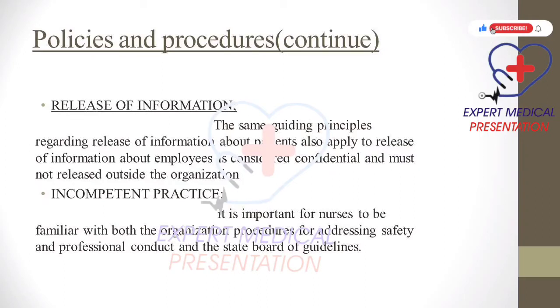The same guiding principles regarding release of information about patients also apply to release of information about employees, which is considered confidential and must not be released outside the organization. Incompetent practice. It is important for nurses to be familiar with both the organization's procedures for addressing safety and professional conduct and the State Board guidelines.